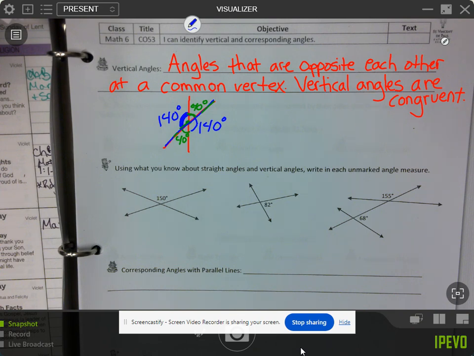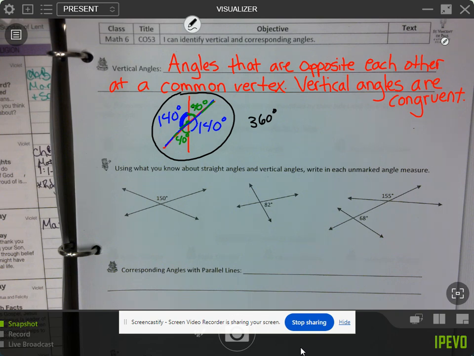Some of us are saying, well, what about that 360? That's our full circle, 360 degrees. So if we had 140 plus 40 plus 140 plus 40, it equals 360. Half of that is our 180 straight angle line.